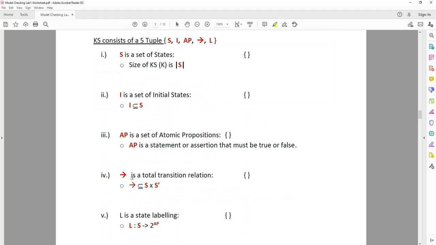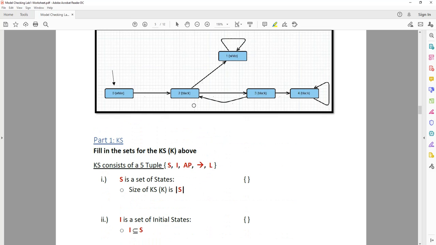Again, we have a transition, a total transition relation. But you notice that now we don't have actions. It's just S over to S prime, just a straight transition. If we're in state 0, we can freely transition to state 2. In state 2, we can transition to state 1. We can transition to state 3.